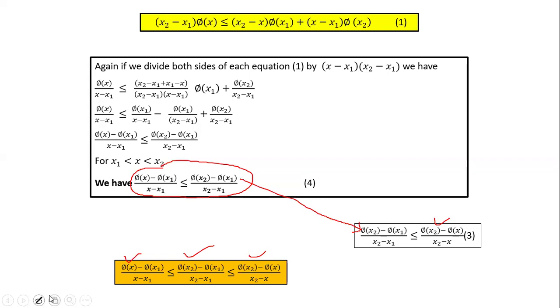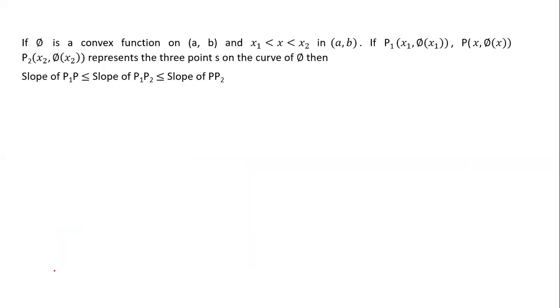Now I will show you the geometrical meaning of this lemma also. If phi is a convex function in AB and you have three points x1, x2 and x lying between x1 and x2, and I represent the point with abscissa x1 as p1, the point with abscissa x as p, and the point with abscissa x2 as p2, representing three points on the curve of phi, then what is the meaning of that lemma?